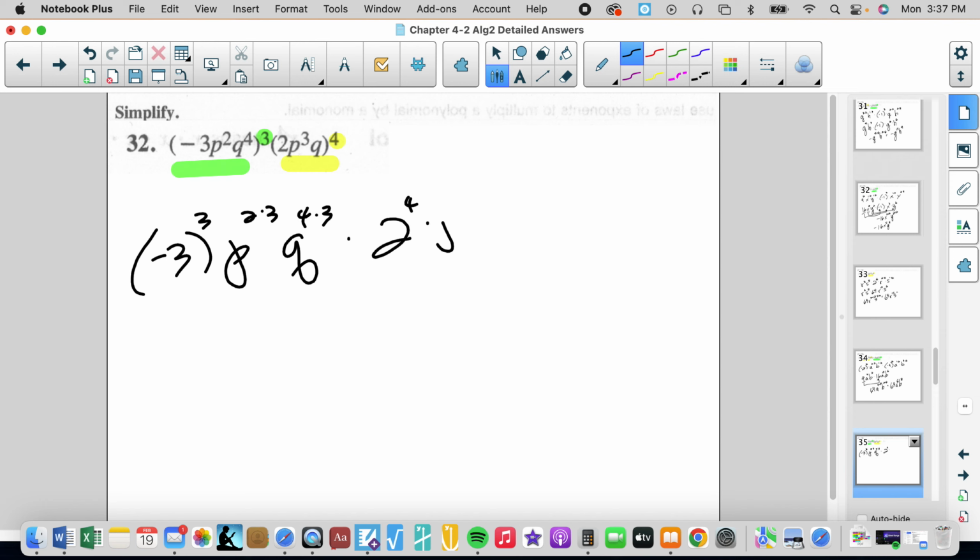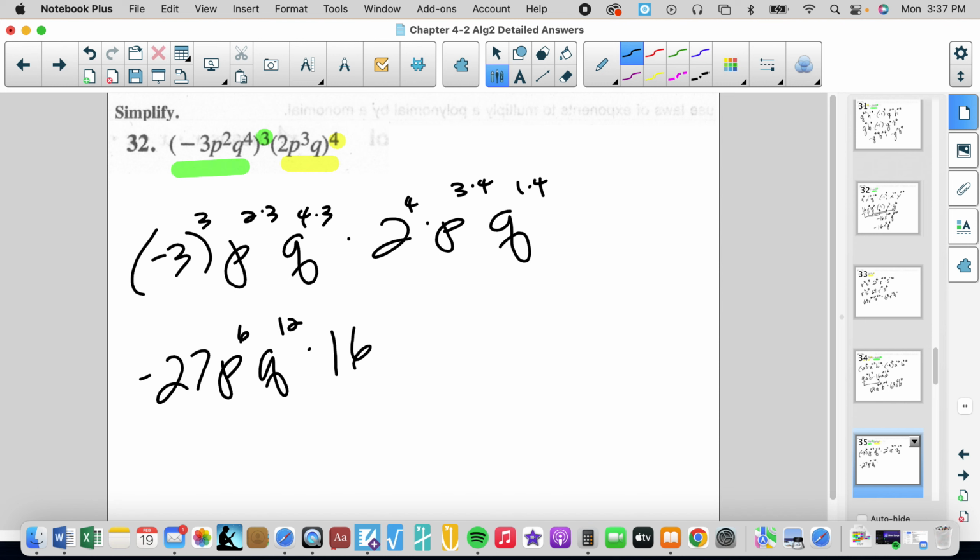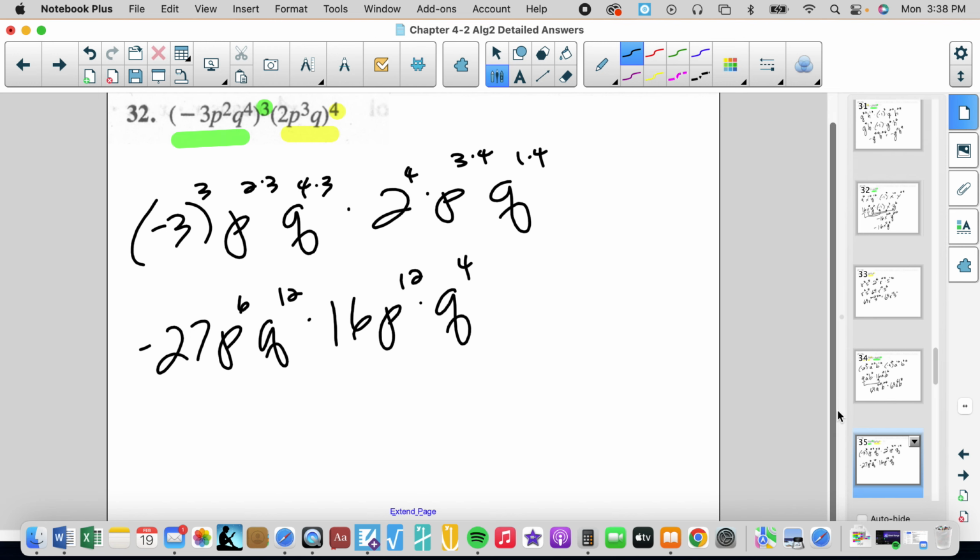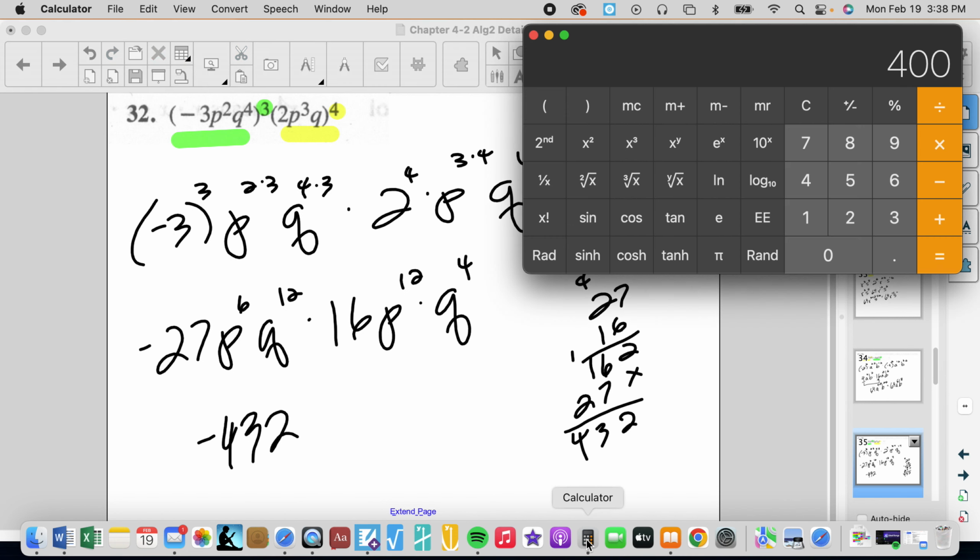2 to the 4th, p to the 3 times 4, q to the 1 times 4. -3 to the 3rd is -27, p to the 6th, q to the 12th. 2 to the 4th is 16, p to the 12th, q to the 4th. 16 times 27, that one I don't know. 432, so -432. 27 times 16 is 432.